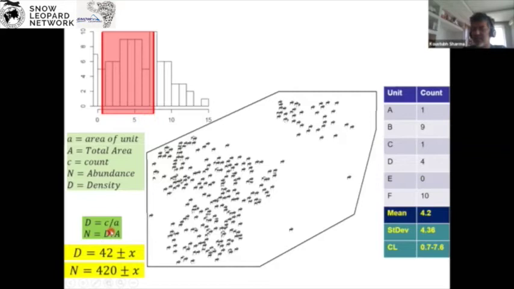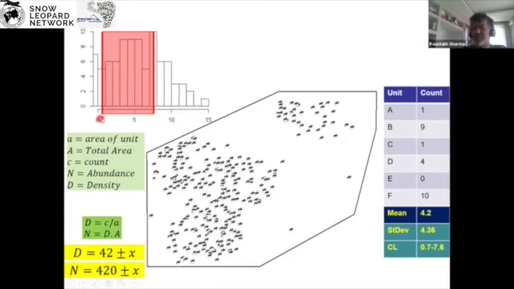In terms of density, the abundance could be anywhere between 70 and 760. The density could be anywhere between 7 animals per square kilometer to 76 animals per square kilometer.